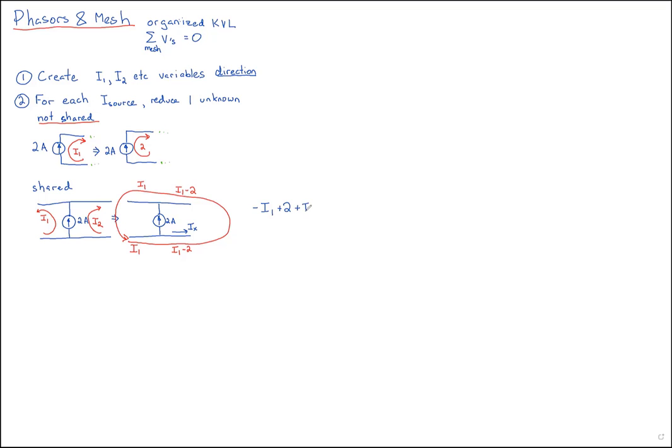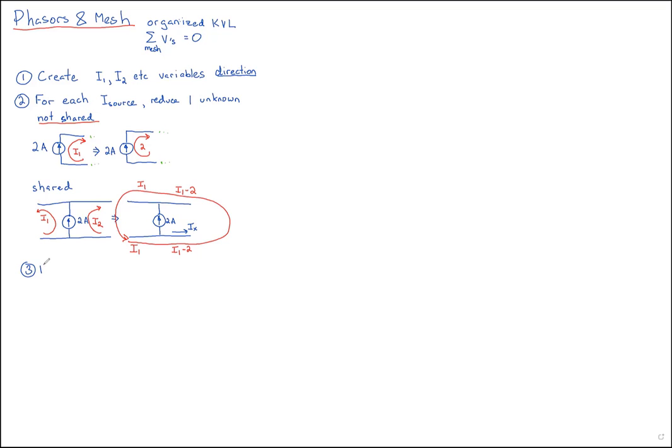All that is equal to 0. This is what Caleb was referring to earlier. Now, if you solve for IX by putting these two on the right side, you get I1 minus 2. So whether you do it by intuition or by KCL, you figure out what these currents are on this mesh. Now when you're solving the voltage drop across resistors, if it's on the right side, you'll use I1 minus 2, and if it's on the left, you'll use I1.